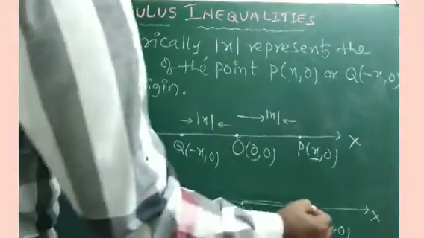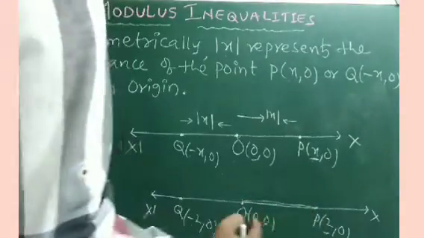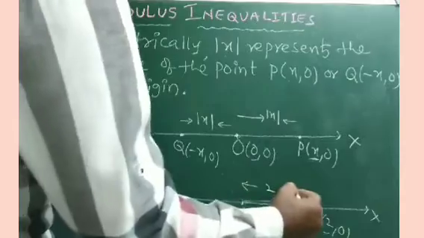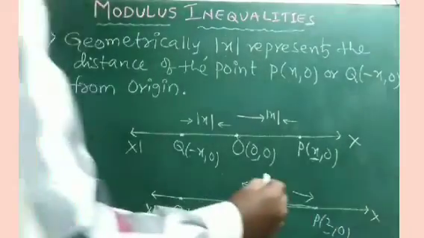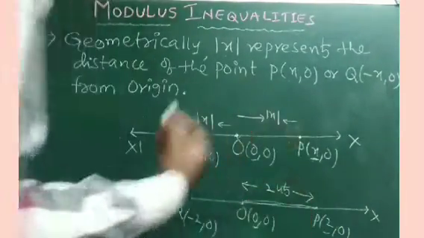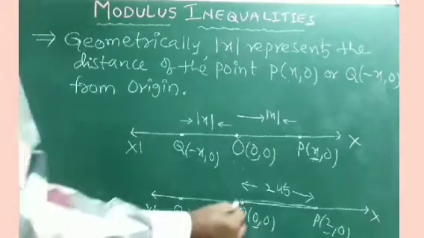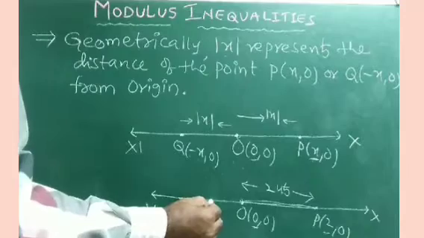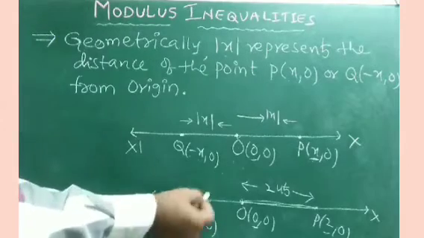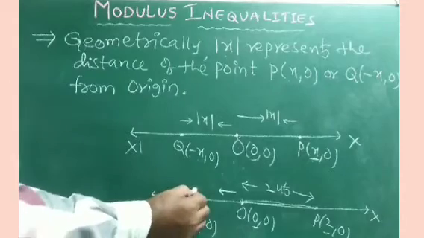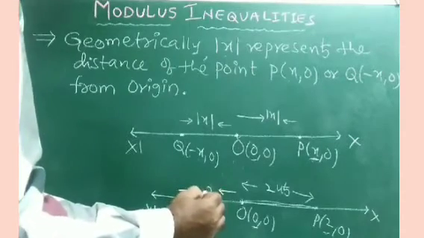That means this distance is from 0 to 2, about 2 units. Even from 0 to minus 2: 0 to minus 1 is 1 unit, and minus 1 to minus 2 is 1 more unit. I mean the distance between O and Q is also 2 units.